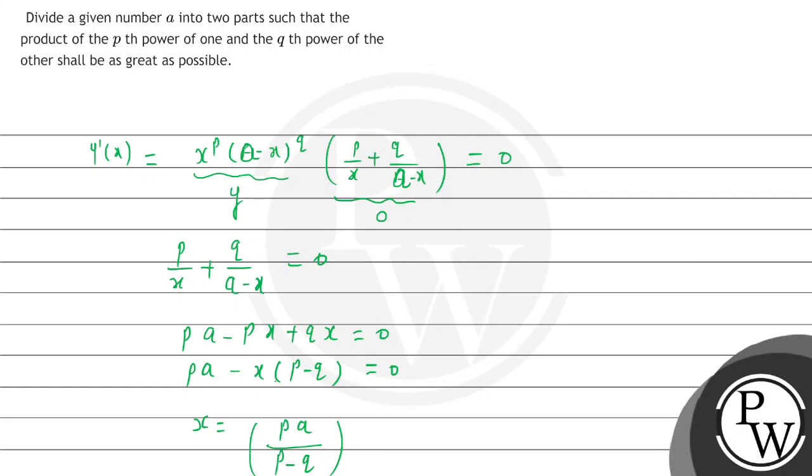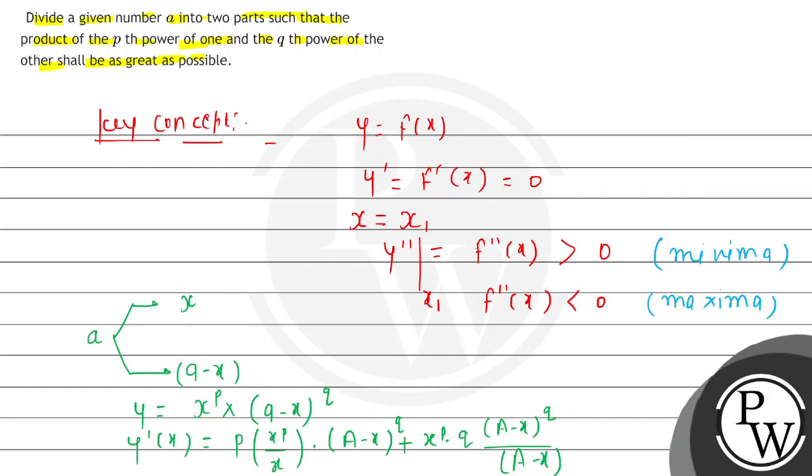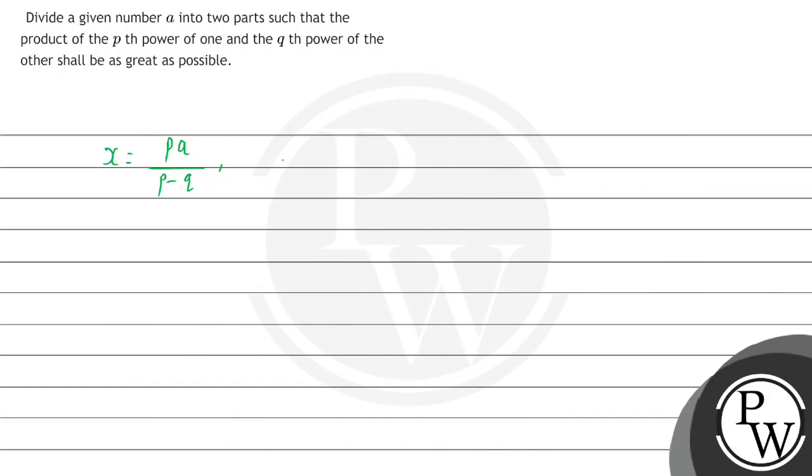So we have two numbers. The first number is x, that is pa divided by p minus q, and the other number is a minus x. Placing the value of x, we get pa by (p minus q) minus a.